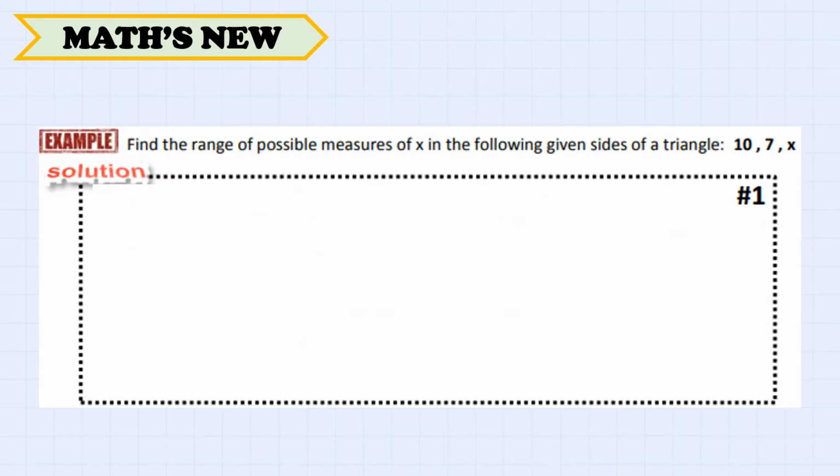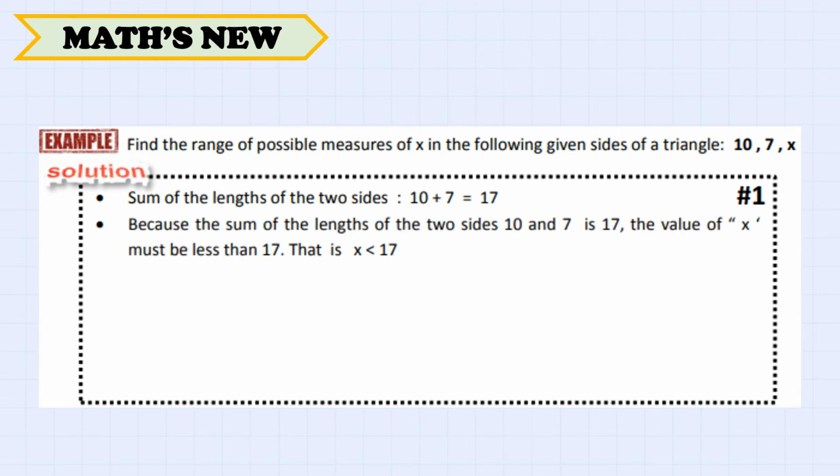Another example. Find the range of the possible measure of x in the following given sides of a triangle: 10, 7, and x. So the sum of the lengths of two sides, 10 plus 7, is 17. Because the sum of the lengths of two sides, 10 and 7, is 17, the value of x must be less than 17.